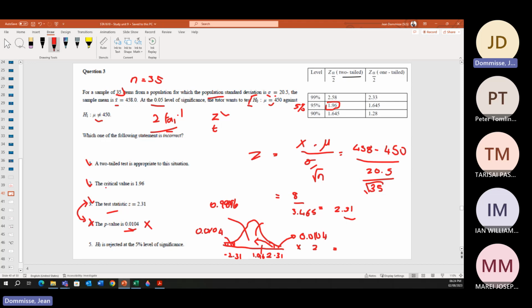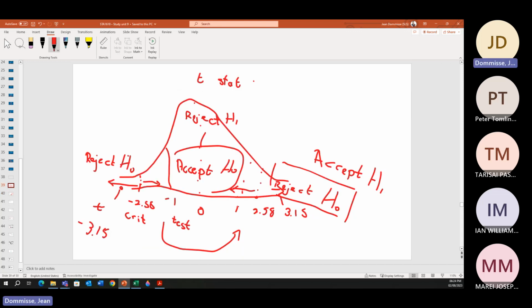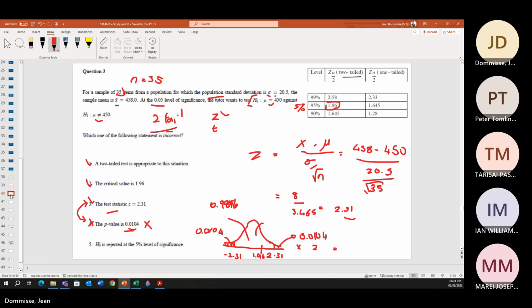So we have your critical value and your test statistic. Remember what we said here. If your T stat is bigger than your critical, we'll reject.